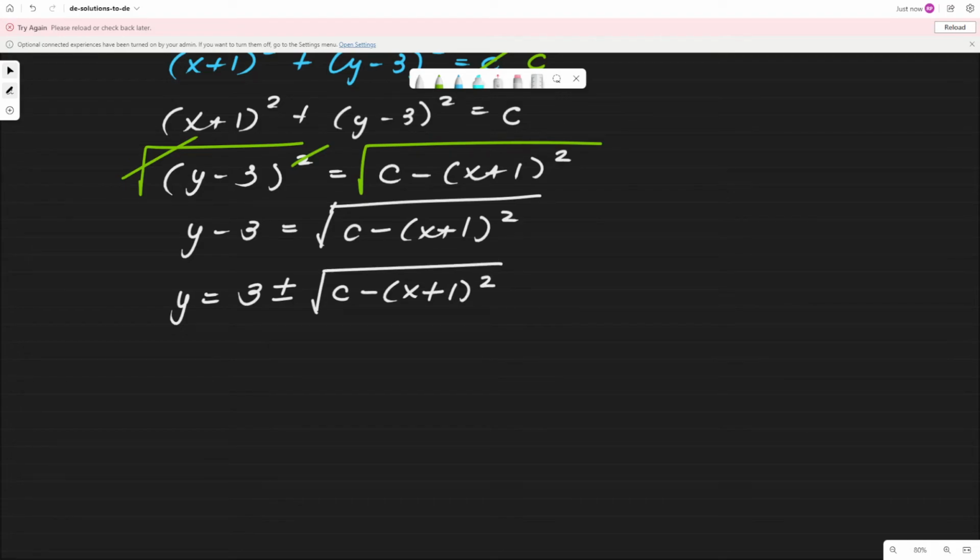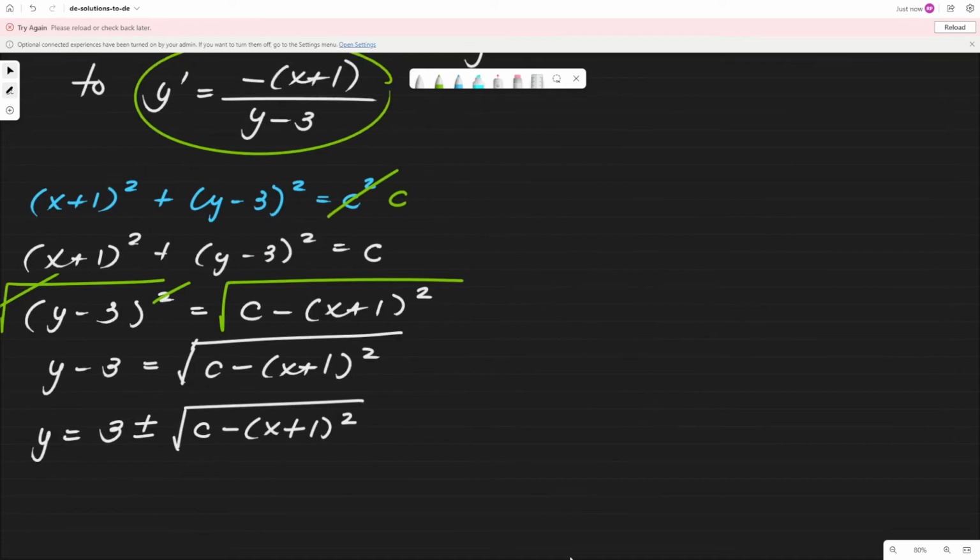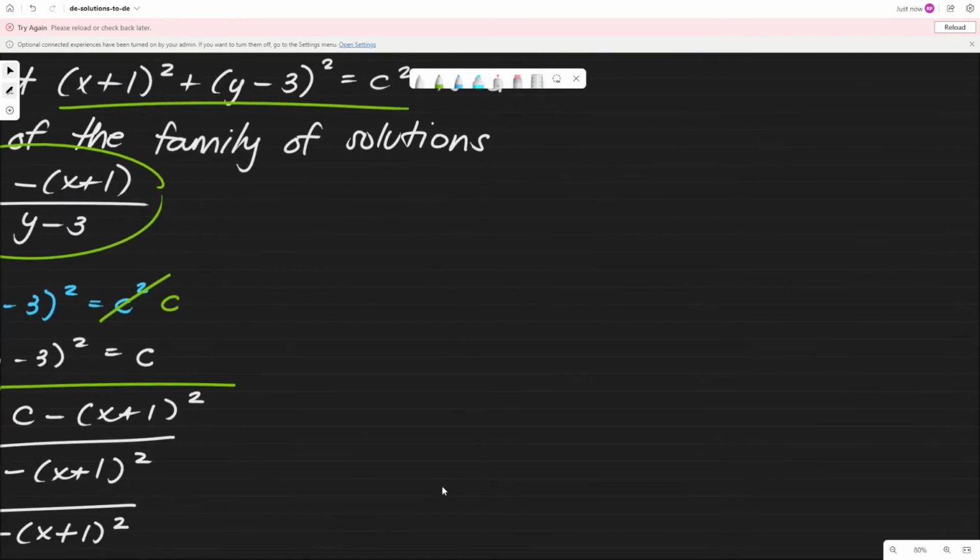Okay? So we need to validate kung lalabas ba to when we solve the differential equation, no? So we have here dy over dx is equal to negative x plus 1 all over y minus 3. So, paano natin sa-solve to? We need to isolate all the x from one side and the y on the other side.